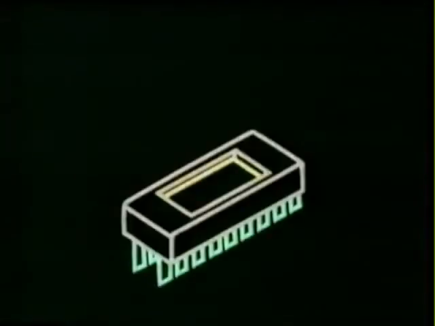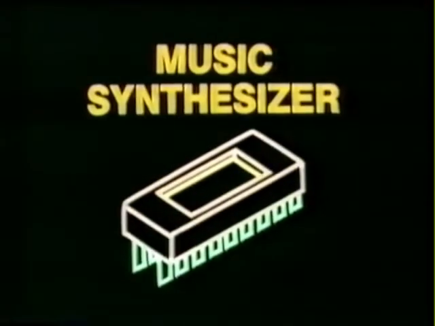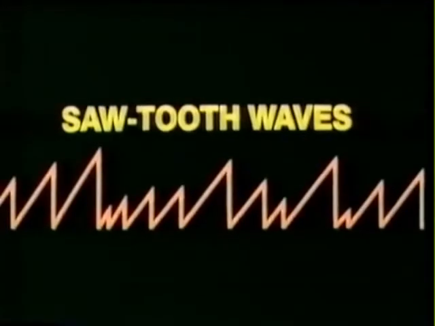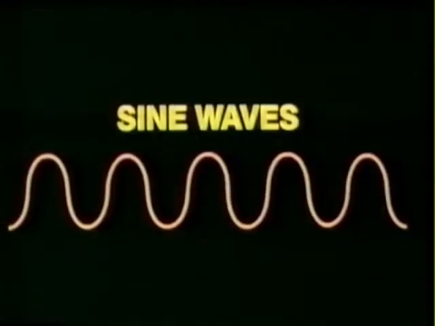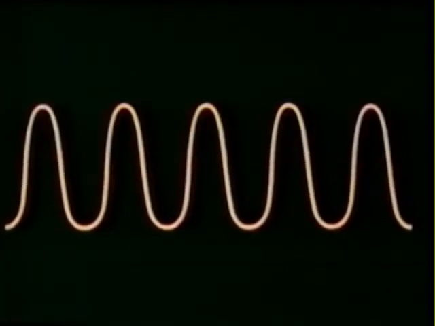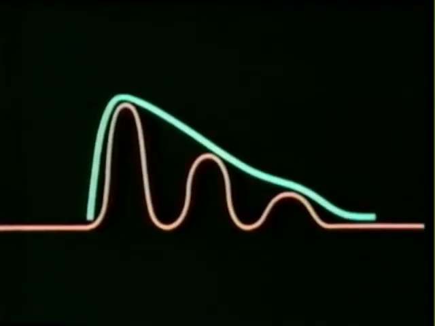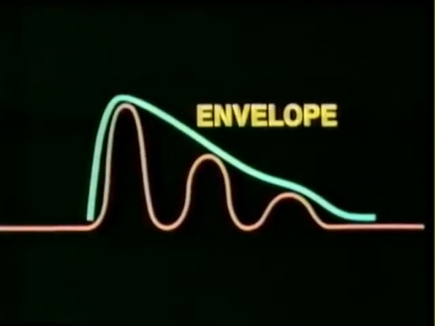In order to improve the quality of computer sound, you need to add a music synthesizer chip. This synthesizer can create a range of waveforms, from sawtooth waves to triangular waves to mellow sine waves. It can also vary the volume of these waves, not just to sound louder or softer, but also to give each note an individual contour or sound envelope.